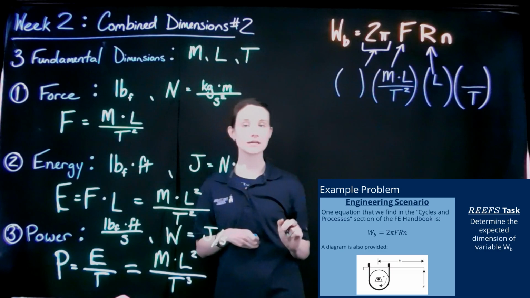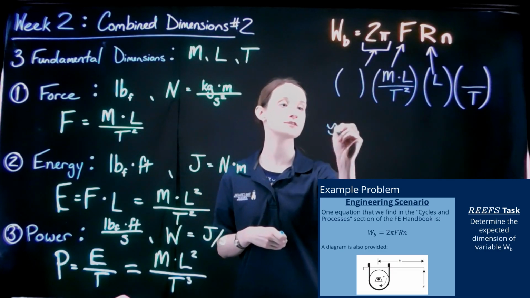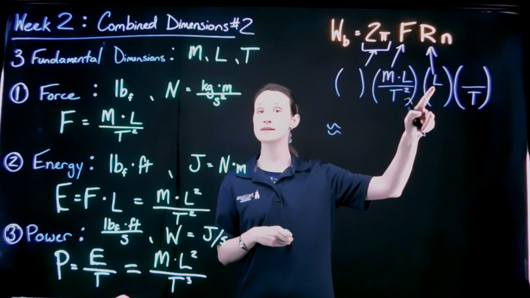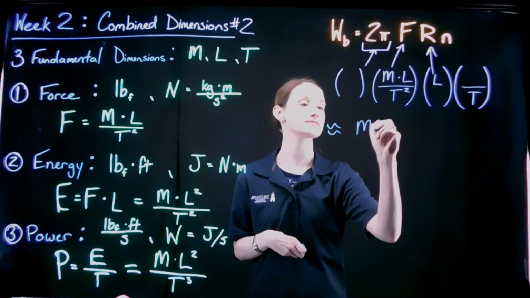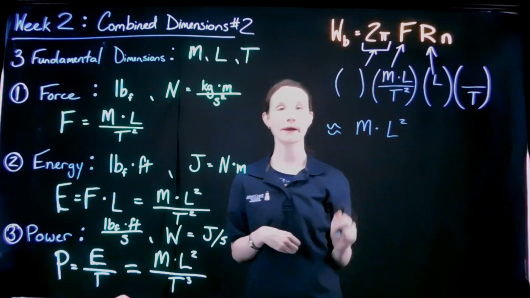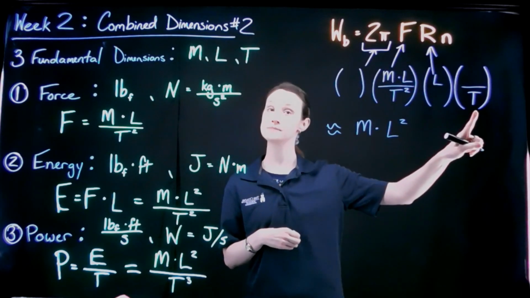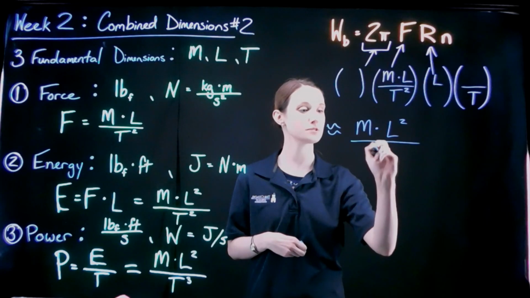So when I combine my units across, in the numerator I have mass, length, and length, so mass times length squared. In the denominator I have t squared times t, or t cubed.